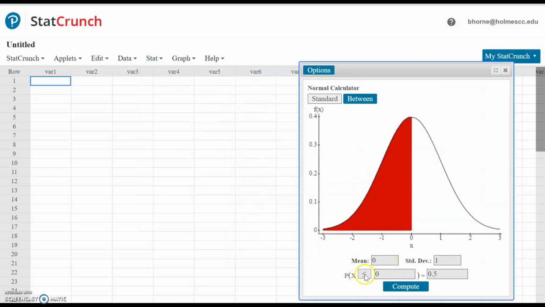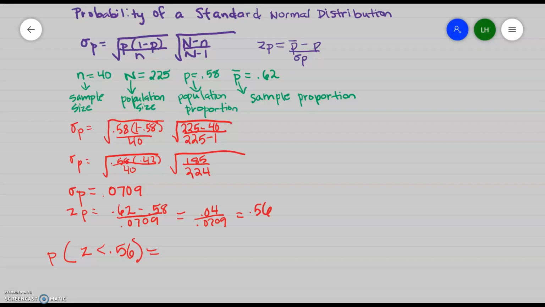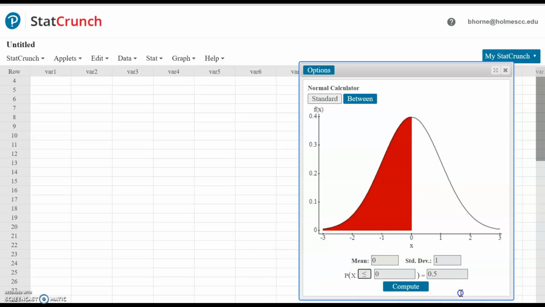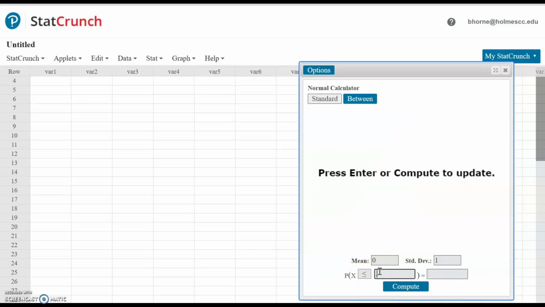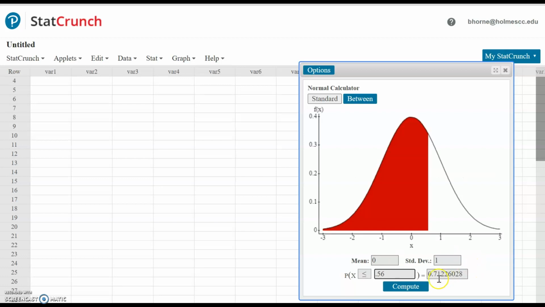And then what we want is the probability that X is less than 0.56. And that would be 0.7122. Let me double check that.